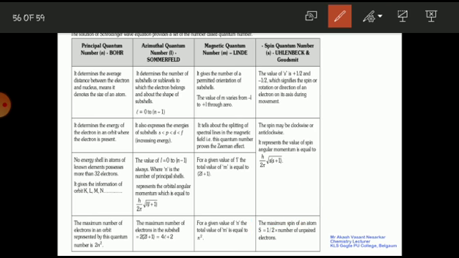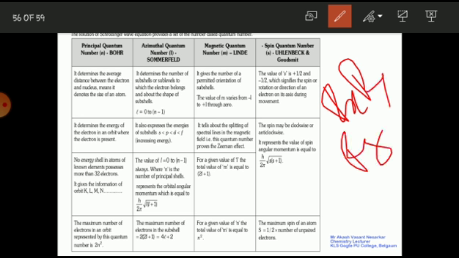So these are the four quantum numbers which are really important for the final examination. The principal quantum number determines the size and energy of the atom, and gives information about the shell. The azimuthal quantum number determines the number of subshells, that is px, py, pz.